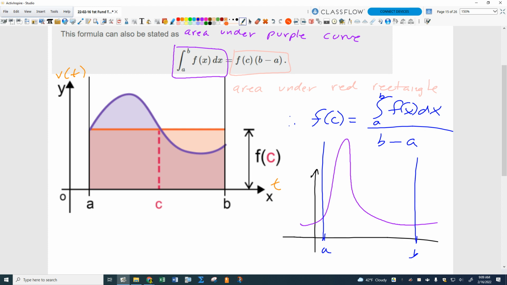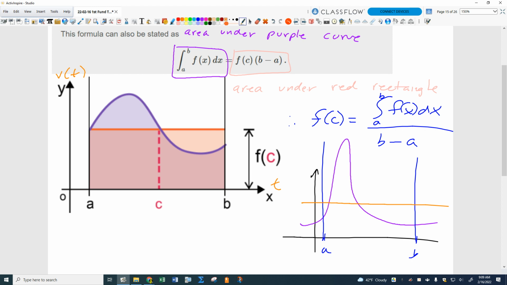Well, if I ground this thing down, my average might look something like this value right there. Agreed? So I may spend most of the time going slower than my average speed because when I was going faster, I was going a lot faster, right? You get the idea? Okay? So it's a weighted average in that sense. It's an area average is what it is.